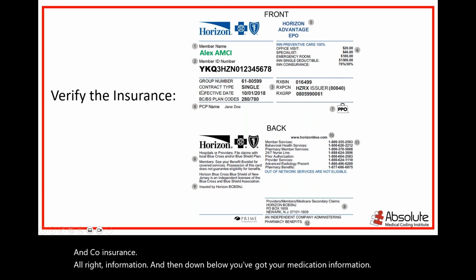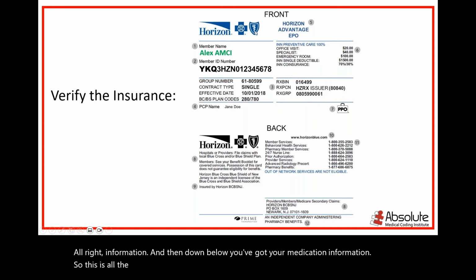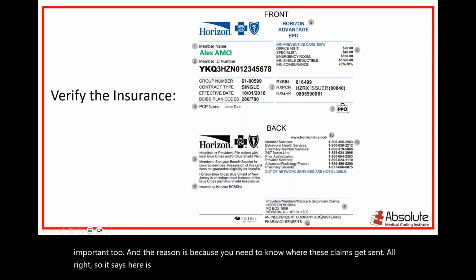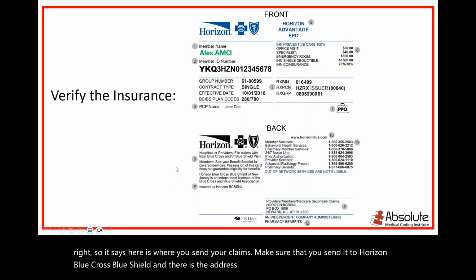So this is all on the front, and all of this information is important. Now the back is important too, and the reason is because you need to know where these claims get sent. All right, so it says here is where you send your claims. Make sure that you send it to Horizon Blue Cross Blue Shield, and there is the address, and we have to make sure that's in our system. Now let's continue.